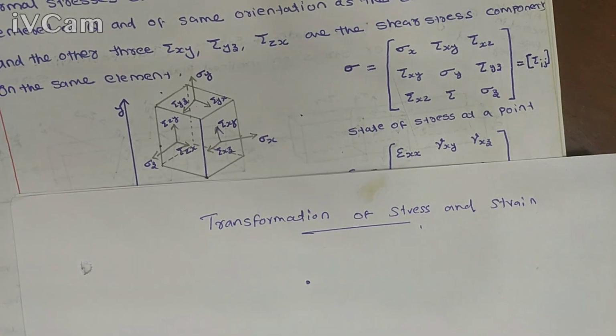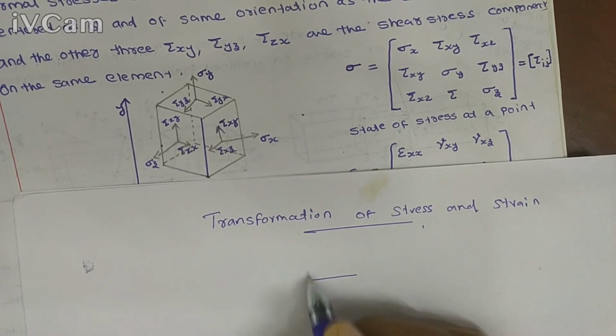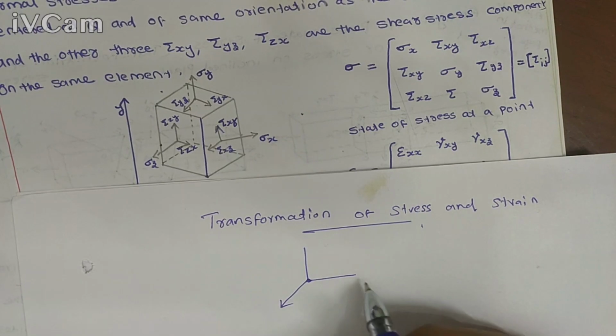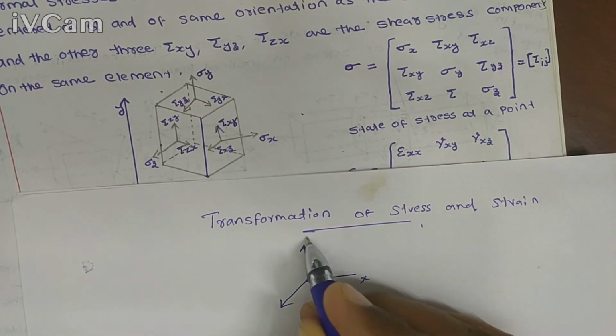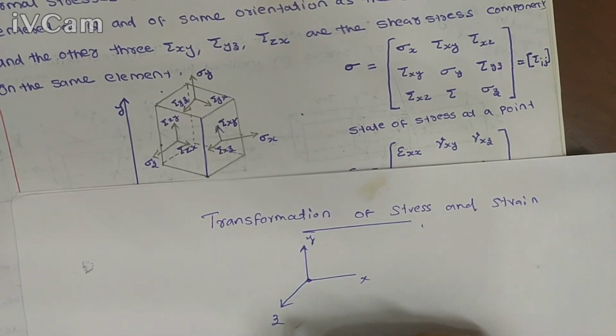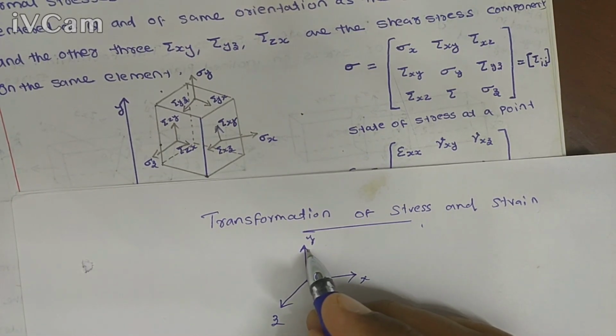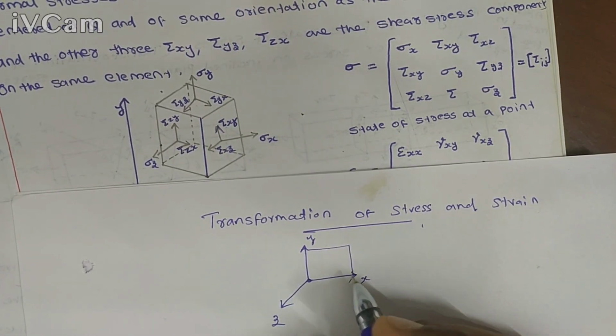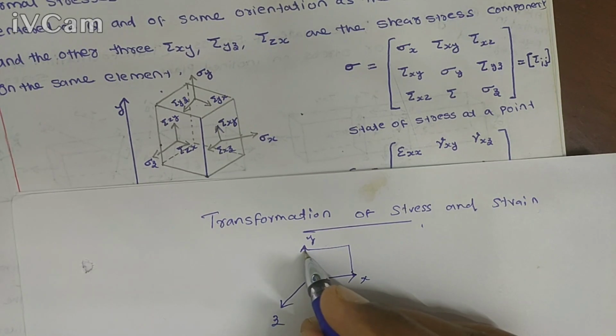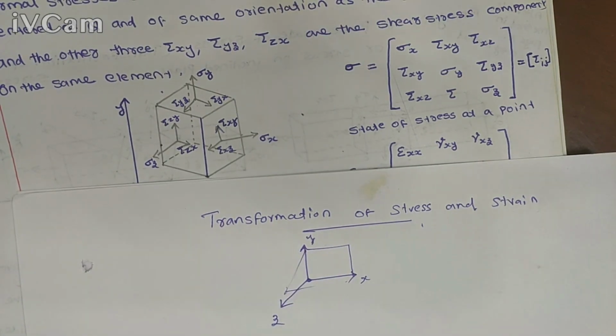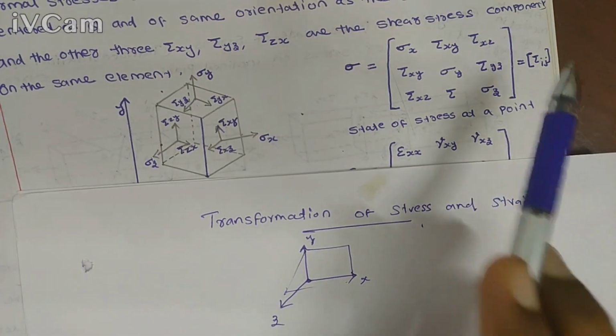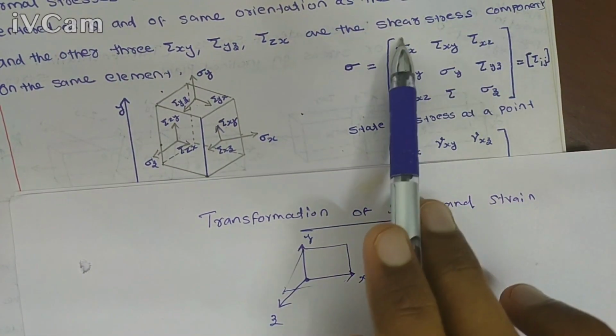The point is fixed, and 3 axes x, y, z pass through this point. We have 3 planes, x plane, y plane and z plane, and these 3 planes are the reference planes for these 9 stress components.